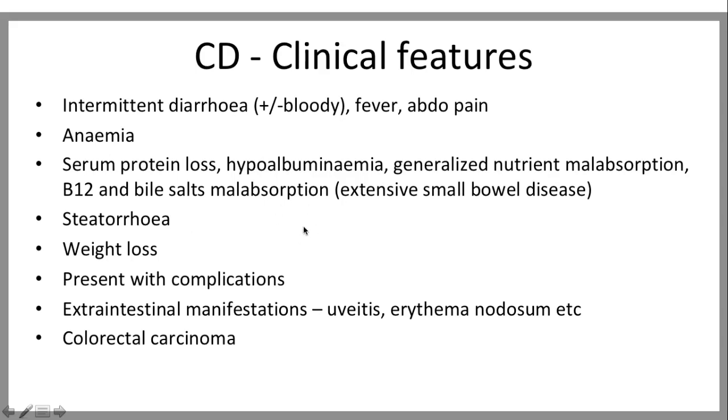So these are presentations related to complications. Patients can also have extraintestinal manifestations, which include conditions such as uveitis, erythema nodosum, etc. Parts of the intestines which are involved in long-standing inflammation is also at risk of developing colorectal carcinoma.